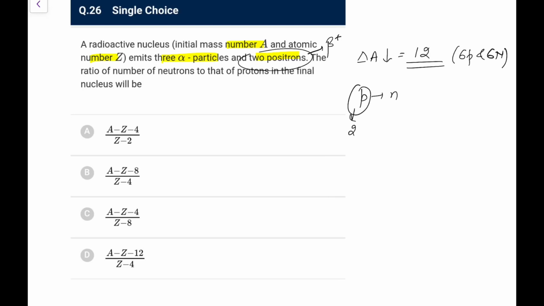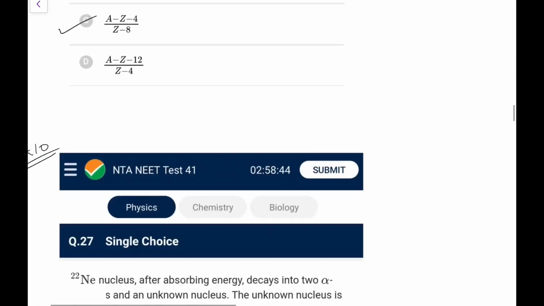So proton count decreases by 2, neutron count will increase by 2. So total decrease in the proton count would be 6 plus 2, it will decrease by 8, so it would be Z minus 8, so we are left with only one option. And for neutron, 6 decrease and 2 increase, that would be 4 decrease. A minus Z was the initial one, it would be A minus Z minus 4. You can do it like this.